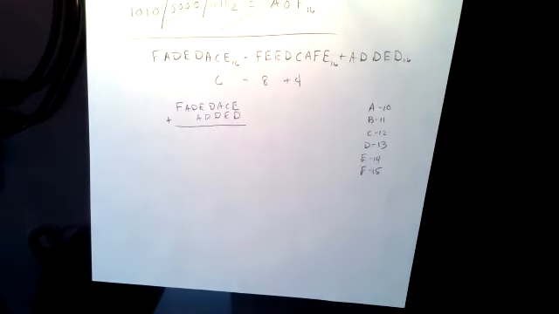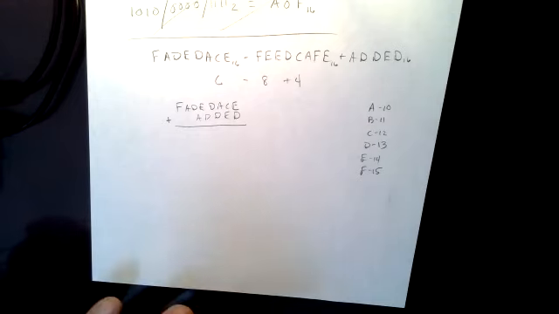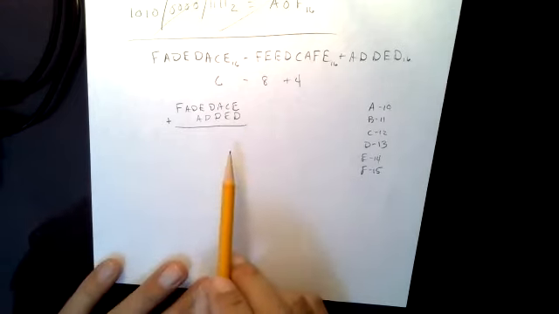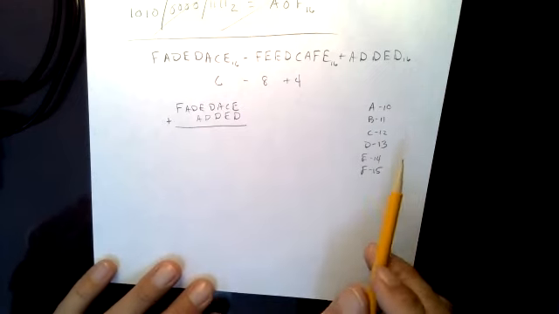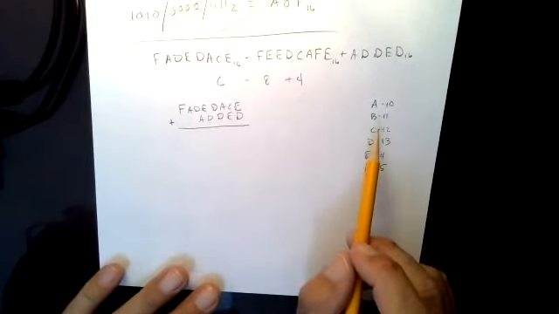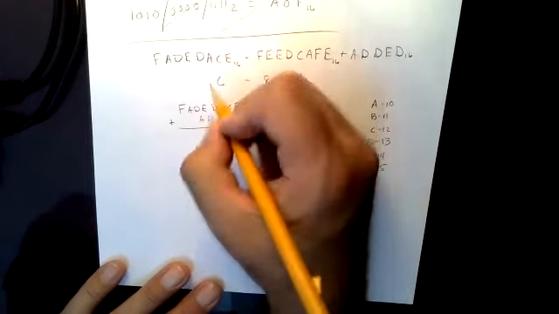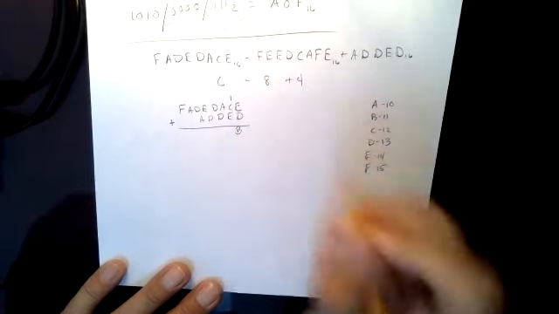D plus E. 13 and 14. That's 27. You are right. But 27 is bigger than 16. So I'm going to change 27 into a 16 and an 11 so that I can carry 1 and this becomes just B.